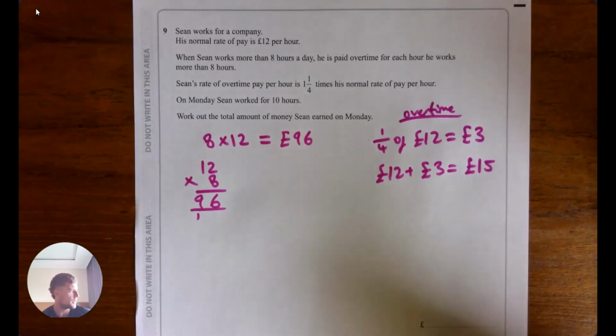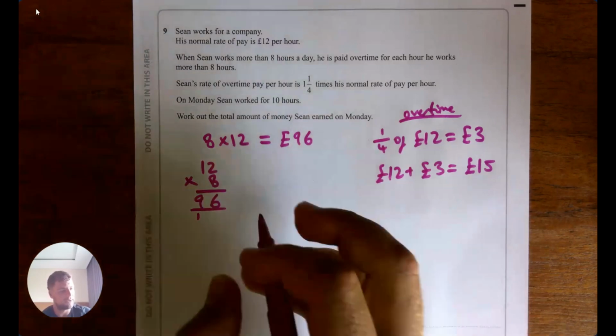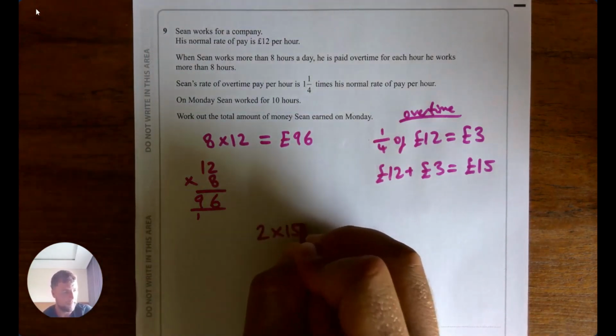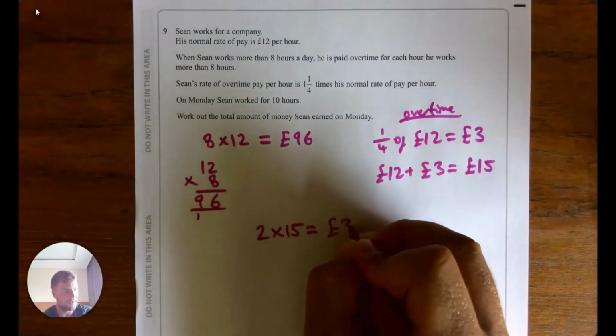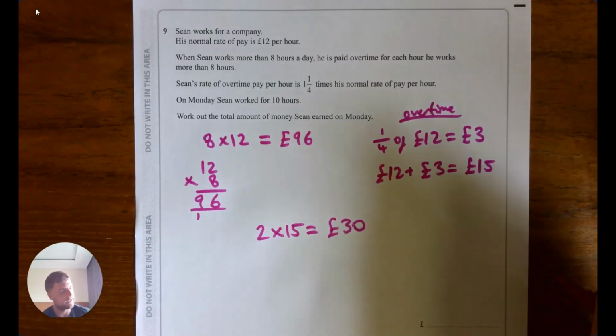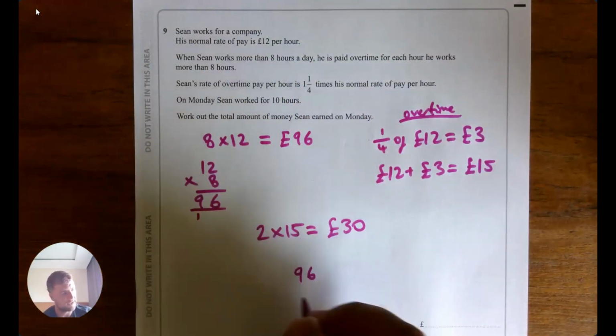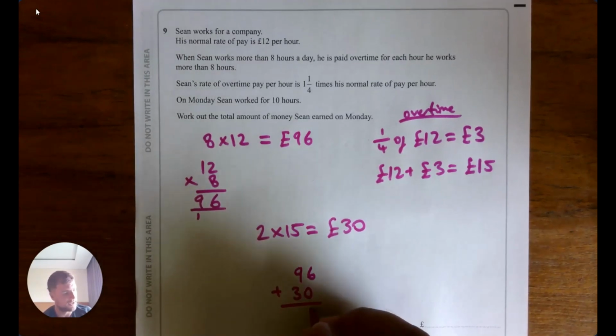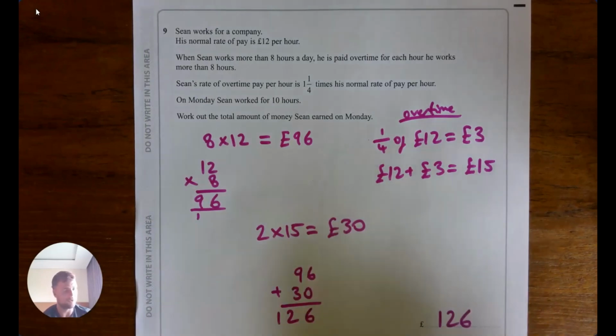And if he did 10 hours total, 8 hours is like his normal shift, so it's an extra 2 hours. So if we do 2 times 15, so doubling 15, which is 30, that's how much he's going to get paid for the overtime. And then we're going to add them together. So 96 add 30, 6 add 0, 6, 9 add 3 is 12. So he's going to get £126.